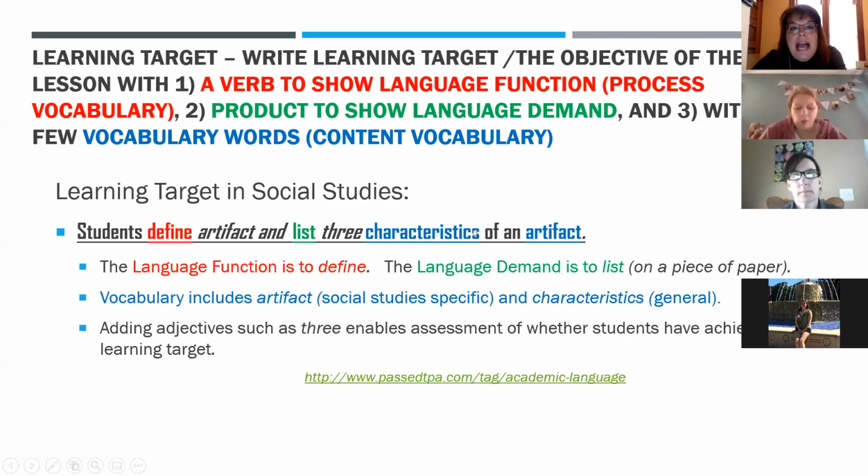So you all have learning objectives, right? You all have already your process vocabulary. You have your language demand. You have your content vocabulary. Even if you didn't formally write out your entire lesson plan, which makes me cry a little bit, I understand that sometimes life gets ahead of you and you don't write out all the details.